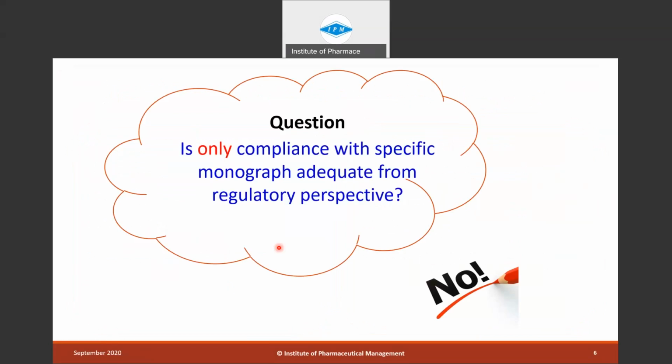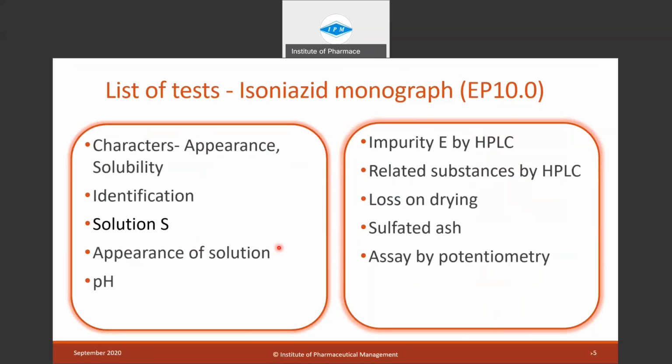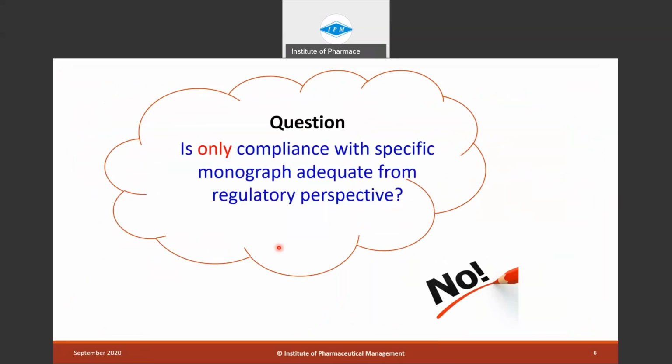Now the question is whether only monograph compliance is enough from regulatory perspective. Very important question. So if I am listing these 11 tests and their limits and reference to analytical procedure, whether my specification is adequate from regulatory perspective, or agency is looking for something else.